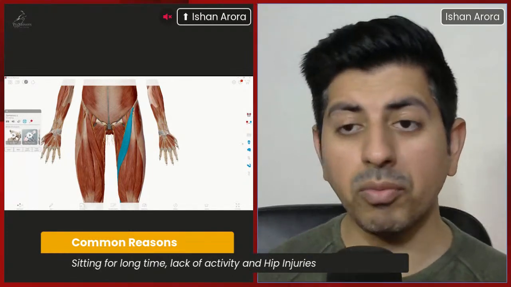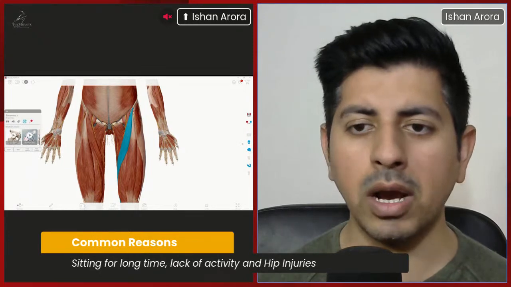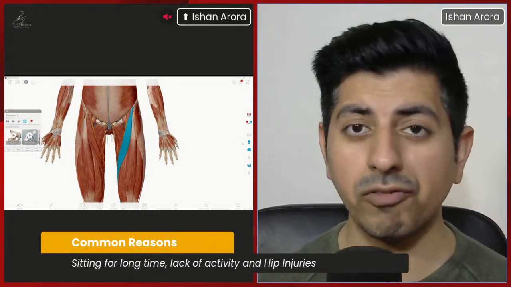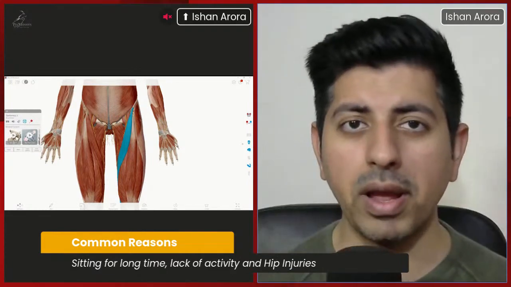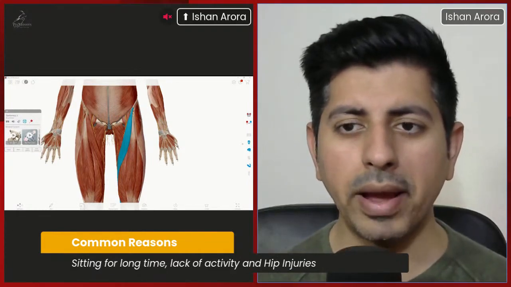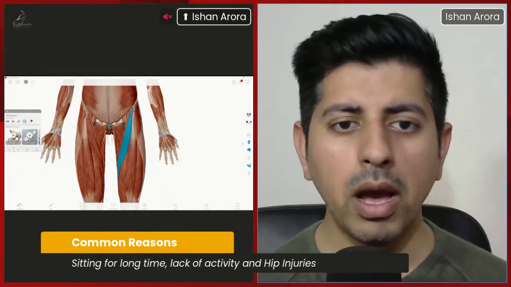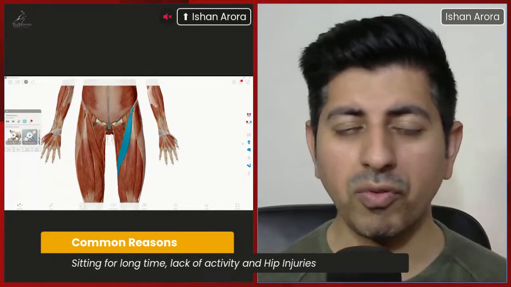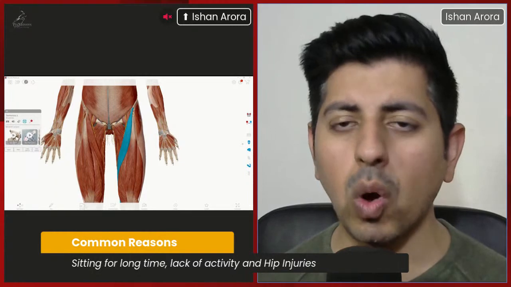One of the most common reasons for pain around the hip area, especially if you're not someone who got injured in a sporting activity, where you got hit by another player or were playing an intense sport and took a good amount of impact around this area, is sitting for too long at a stretch.